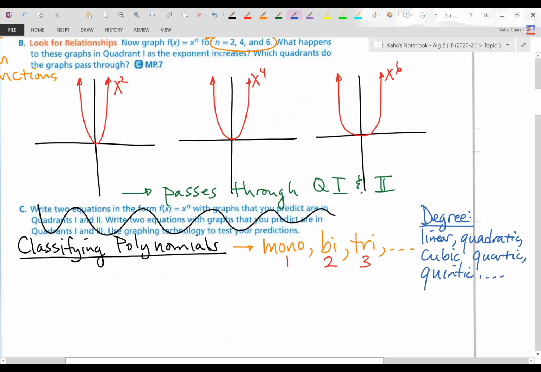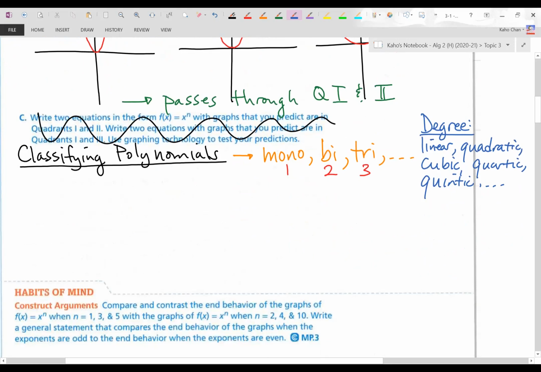So classification of polynomials might start off with something like this. Here's an example: -4x plus 9 plus 2x cubed. This is a random polynomial that I wrote for you. And they might say, hey, let's go ahead and put this into standard form.